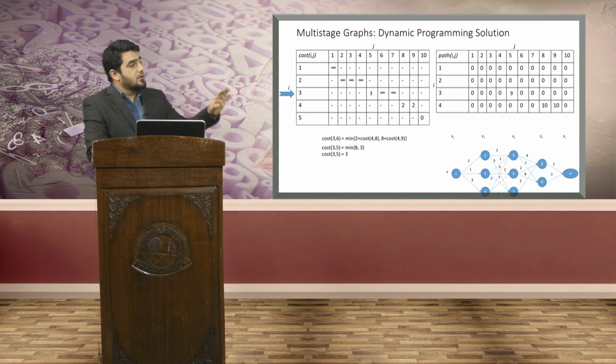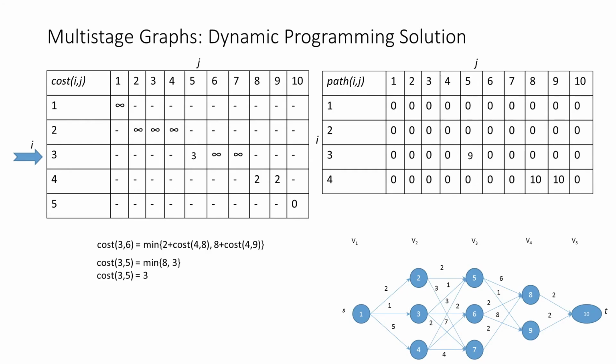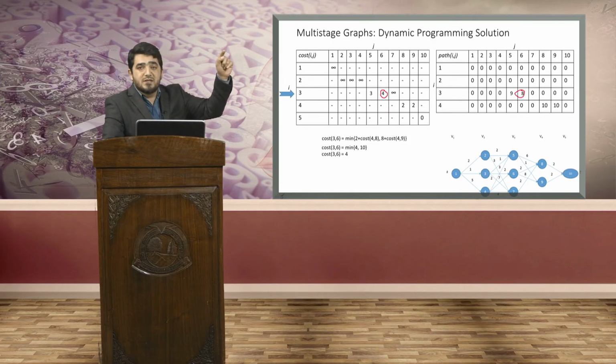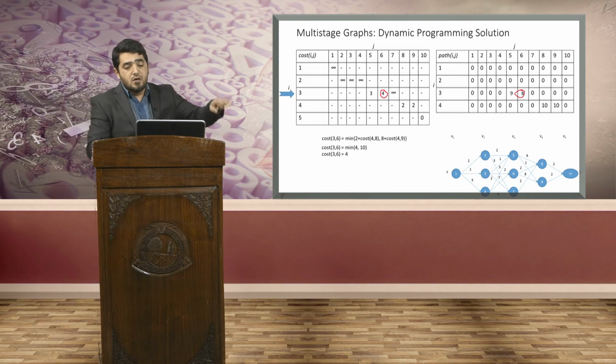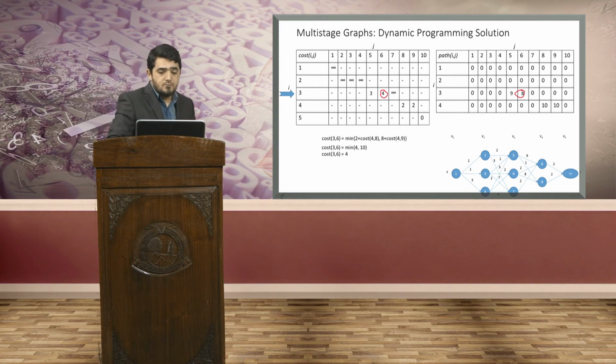So in the cost array for node number 6 in stage number 3, we will store 4, which is the minimum cost that can be obtained, and we'll also store node number 8 in the path array. That is, for stage number 3, if we choose node number 6, in order to reach the final destination we will have to choose node number 8 in the next stage, stage number 4.